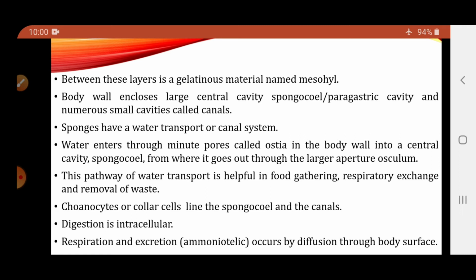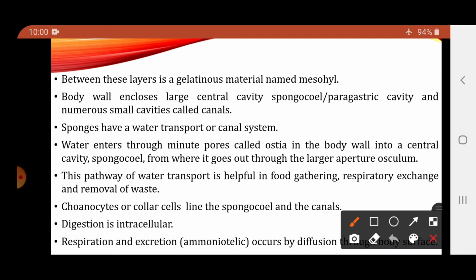Now, this water canal system, what is the function of this water canal system? This pathway of water is helpful in food gathering. See, they live in marine water, so whatever food they obtain will be from water. So when water comes inside the body, at that time nutrients also enter with the water. Then respiratory exchange.